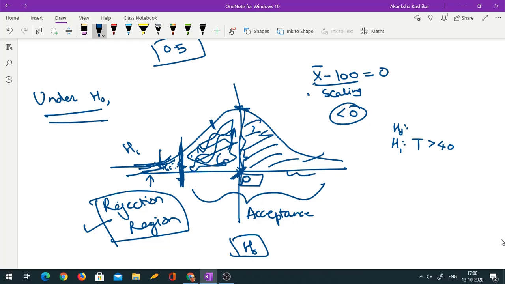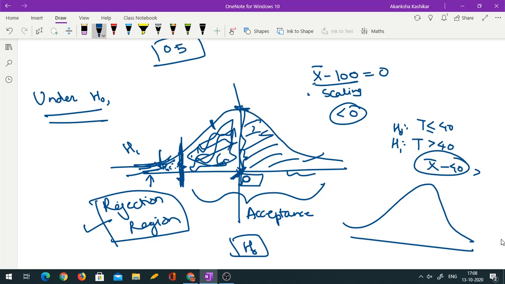This is your claim. In such cases, if you take x bar minus 40, you expect this value to be larger than 0 for H naught to be rejected. So in that case, this side becomes the rejection region, and this side becomes the acceptance region.